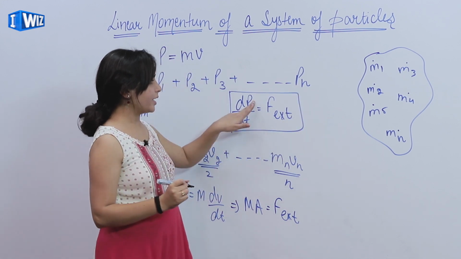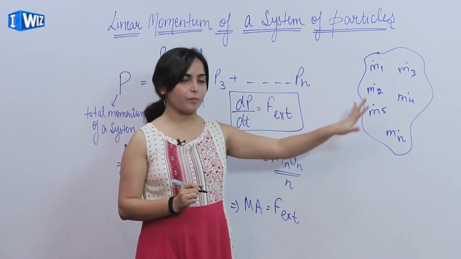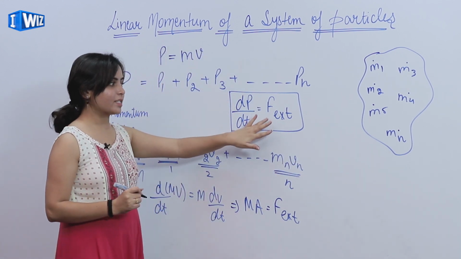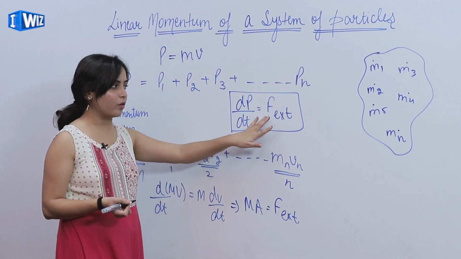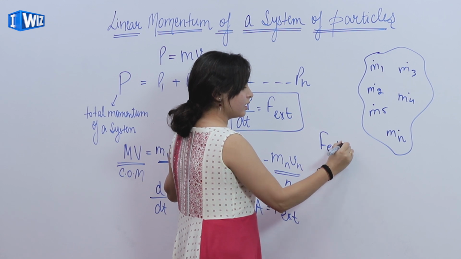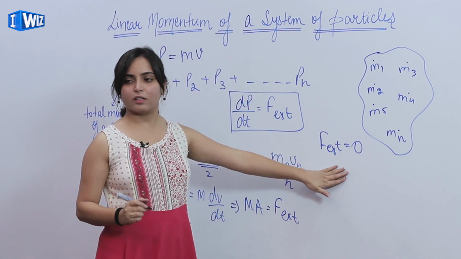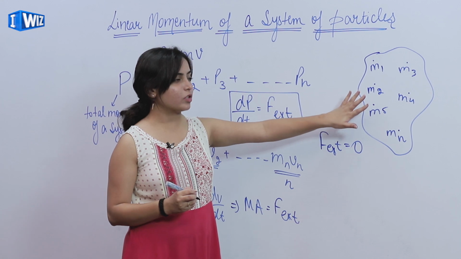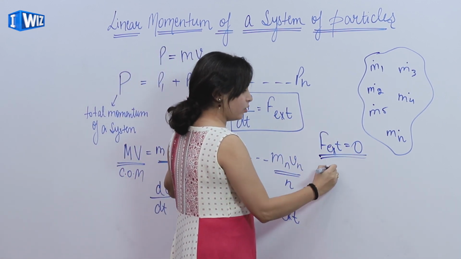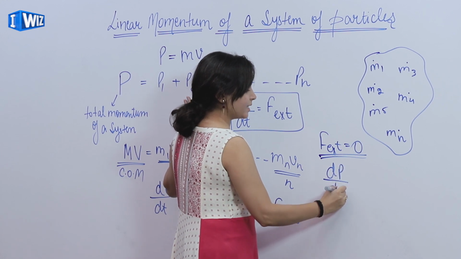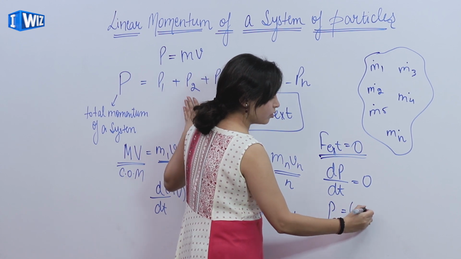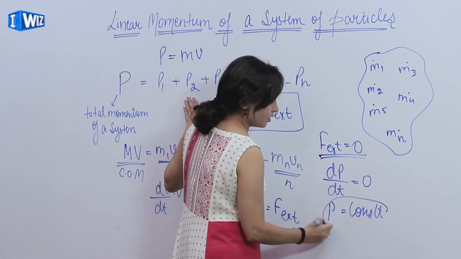तो जो पूरा रेट ऑफ चेंज ऑफ मोमेंटम होगा पूरे सिस्टम का और सिस्टम ऑफ पार्टिकल्स का, वो क्या होगा, F external फोर्स जो एक्सटर्नली अप्लाई हो रही है उसकी वजह से होगा. So if F external is 0, that means external force नहीं अप्लाई हो रही है, जितनी भी फोर्सेस हैं all are internal forces. तो अगर F external 0 हो गया, so we'll get dP upon dt is 0 and P is equal to constant.